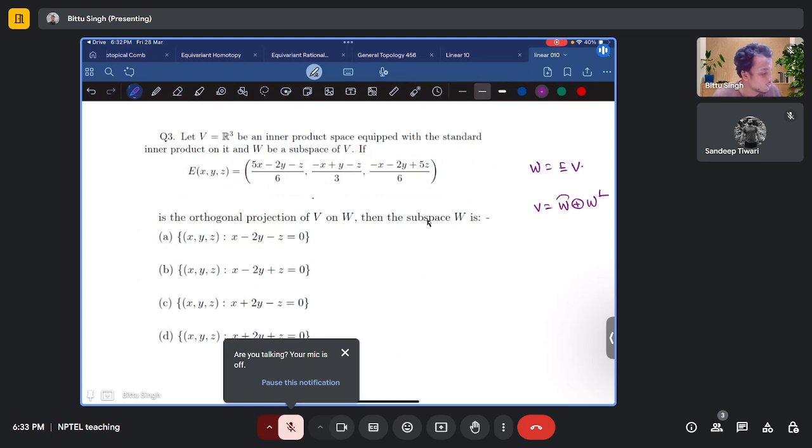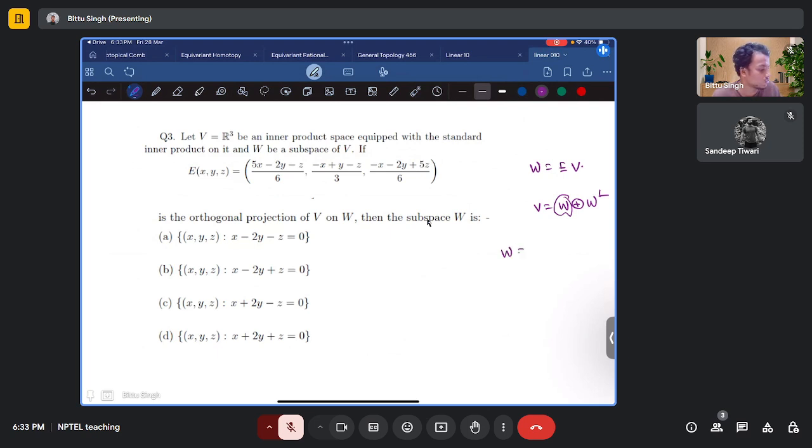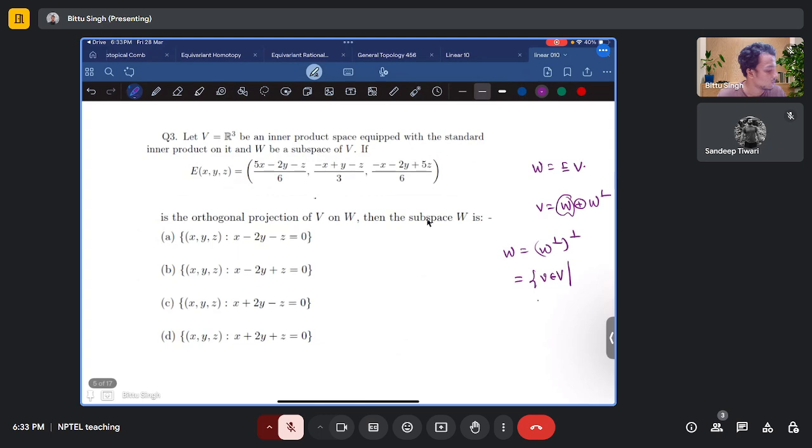So an element of W is given by, W is the same as W perp perp, right? Yes, sir. So if you identify W perp, then W can also be written as all V belonging to V such that the inner product of V with W dash equals 0, for all W dash belonging to W perp.